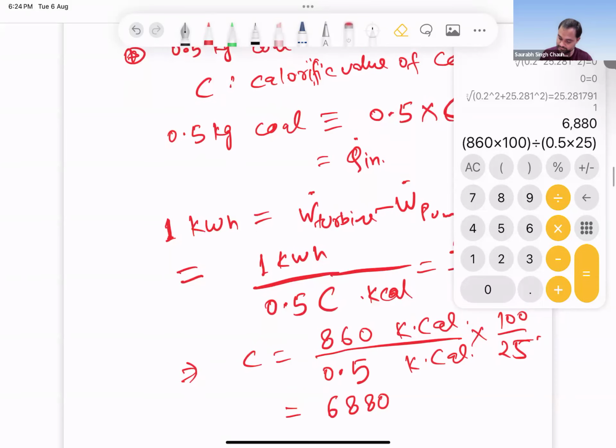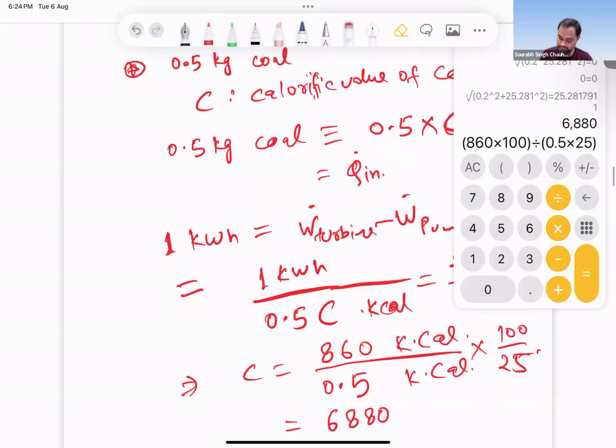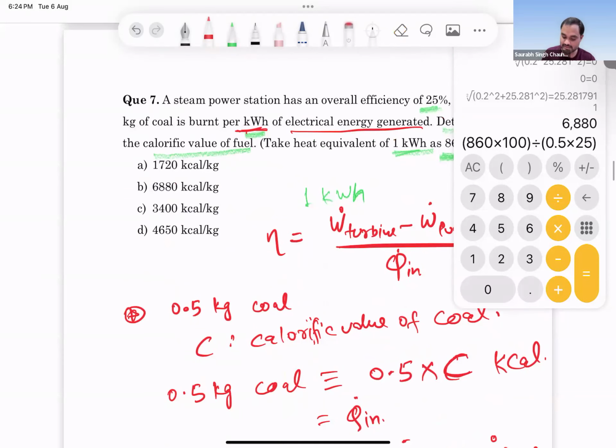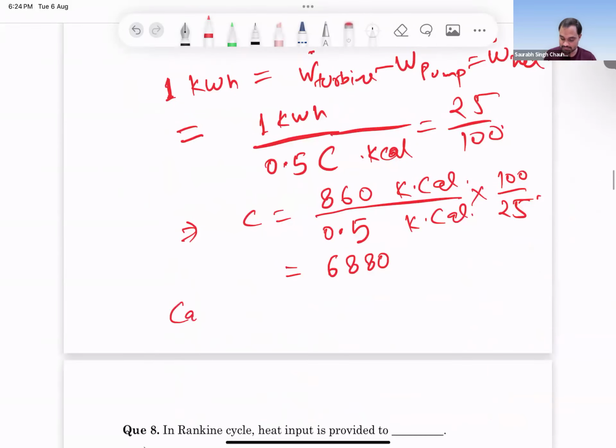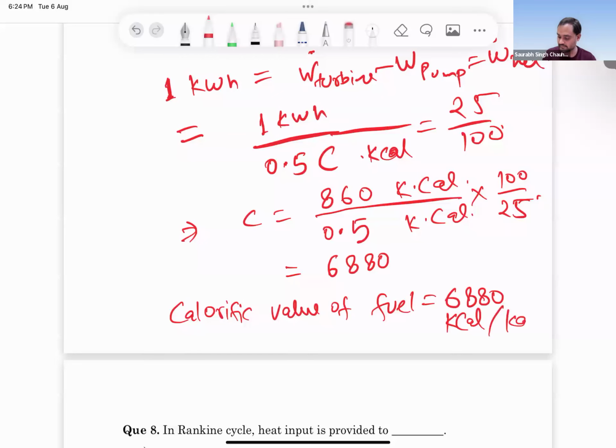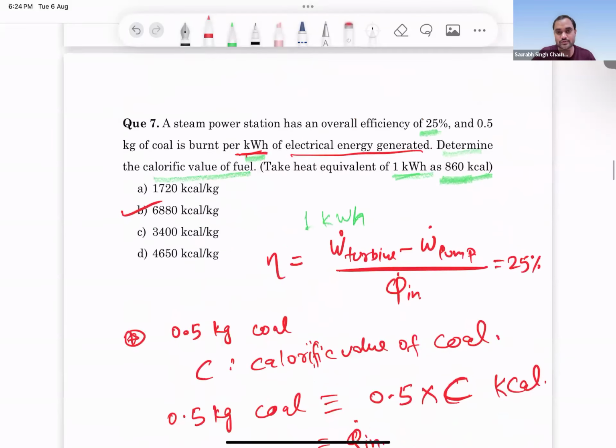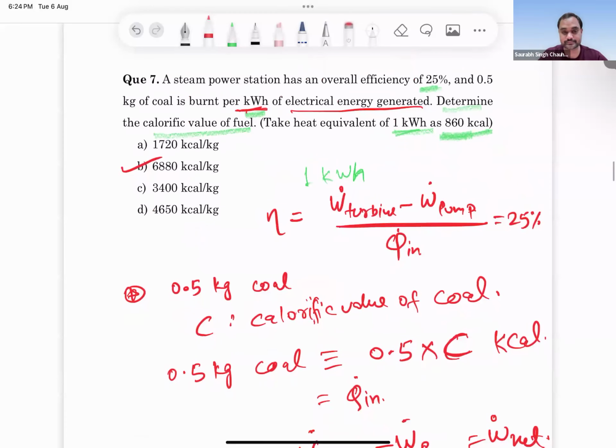Okay, so part B should be the correct option. So the calorific value of fuel is 6880 kilocalorie per kg. Okay, so I hope this is clear, and we can move to the next question.